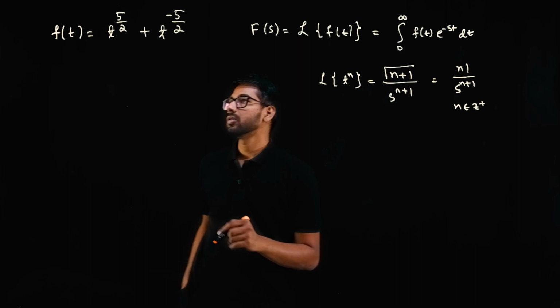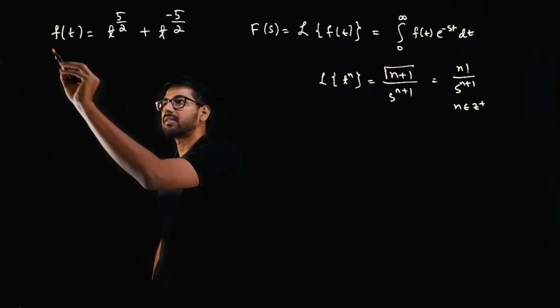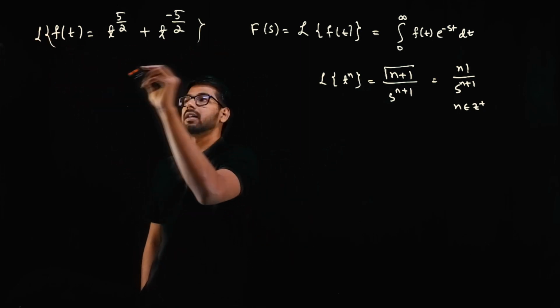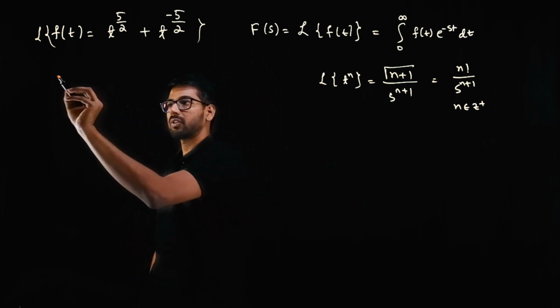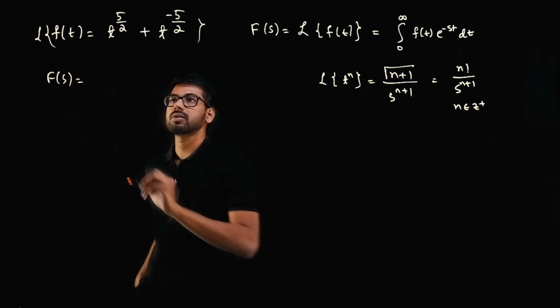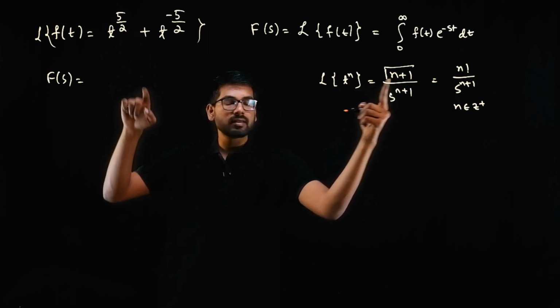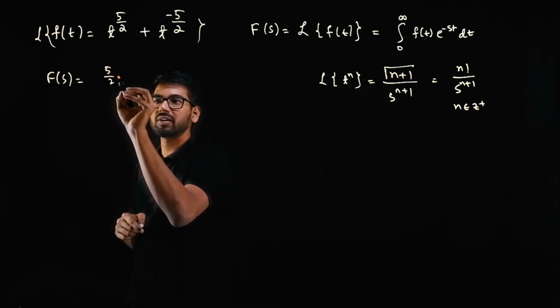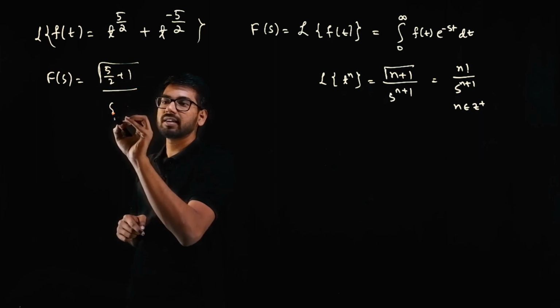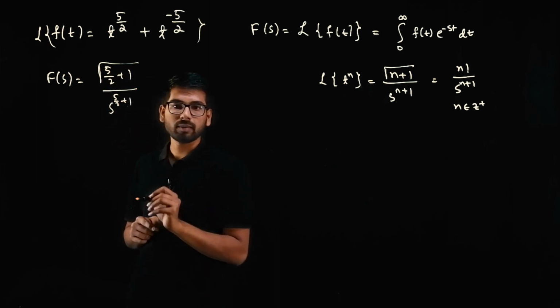So if you take the Laplace of this, what will you have? Laplace of f of t is f of s. So f of s is equal to Laplace of t power 5 by 2. In place of n, I have 5 by 2. So it is gamma of 5 by 2 plus 1 over s power 5 by 2 plus 1.